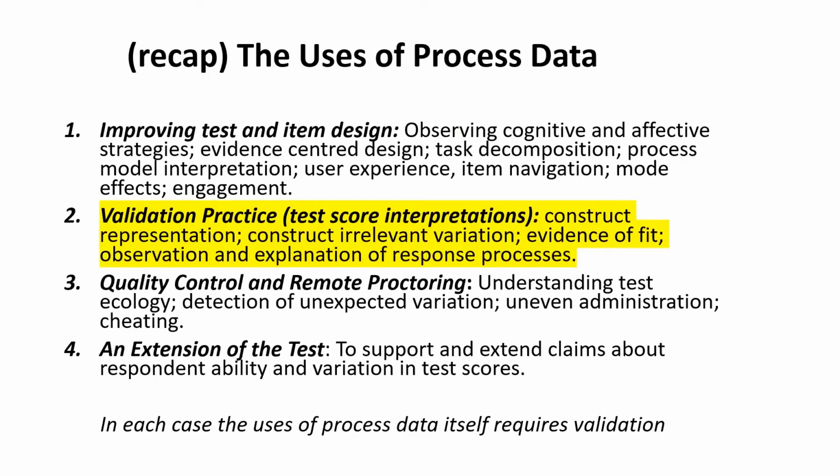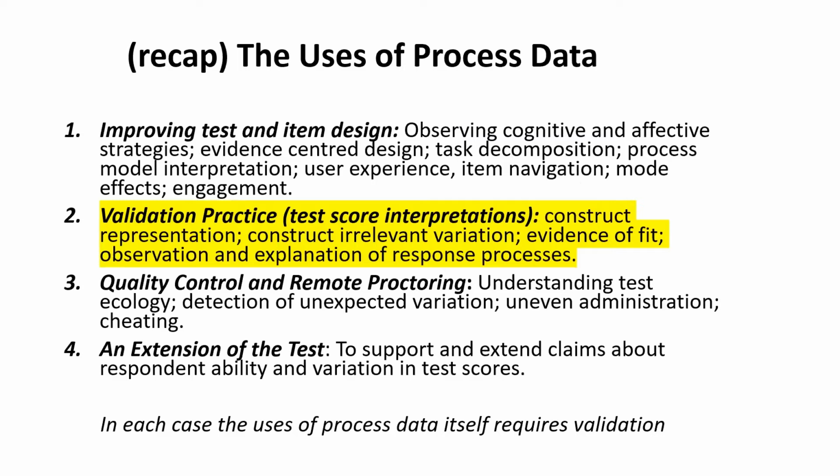And again, to recap, I'd initially identified 4 different uses of process data. In this case, using the process data to improve test and item design, as validation practice, informing test score interpretations, for quality control and remote proctoring, and lastly, as an extension of the test.